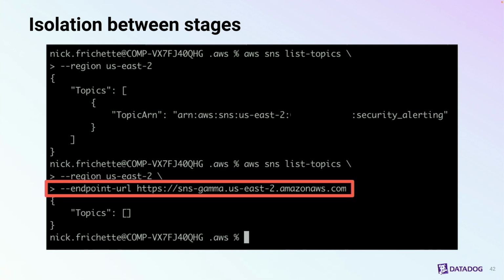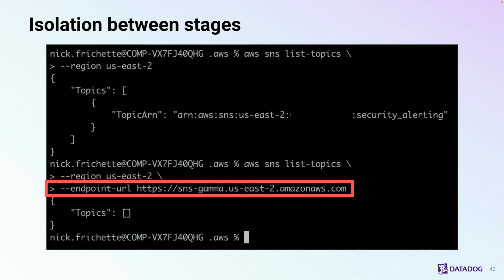Here we're doing an SNS list-topics in the US2 region, and we get a response, we get a topic because there is one. We then immediately do that exact same thing again, but this time with the endpoint URL SNS-gamma. And you see, we don't find anything, presumably because this environment is isolated from production resources, in the same way that presumably your pre-prod environment is isolated from your production environment.